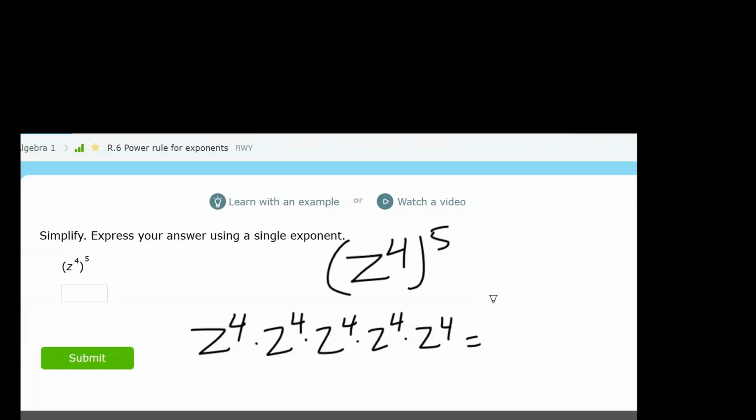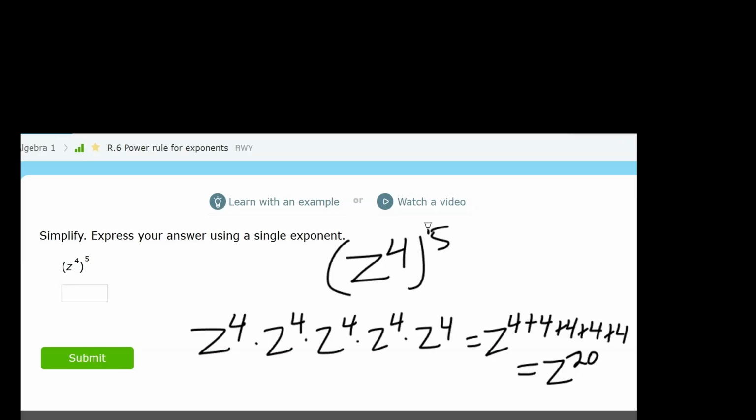Whenever we are multiplying exponents with the same base, in this case z, we keep our base and we add all the exponents. So in this case, we get z to the 4 plus 4 plus 4 plus 4 plus 4. And that gives us z to the 20th.